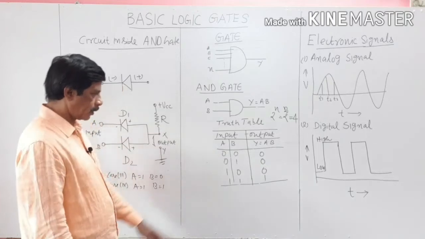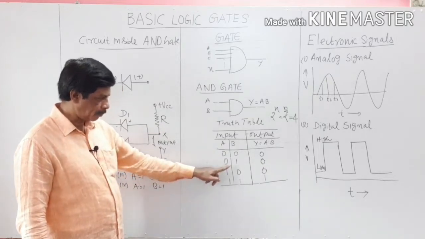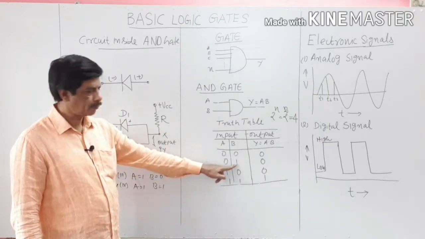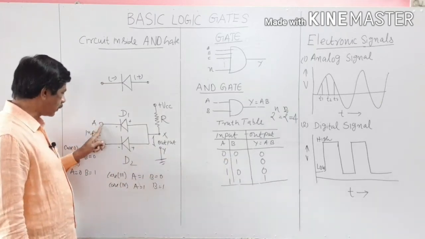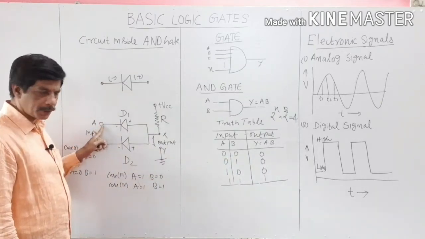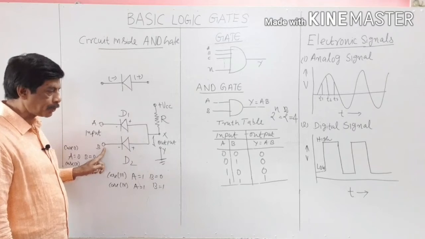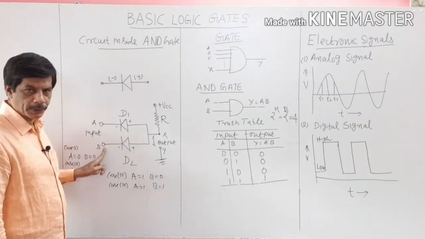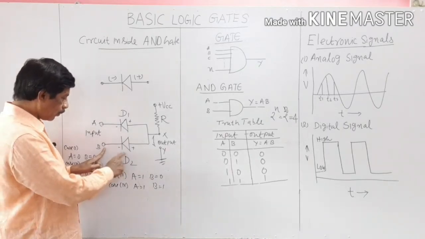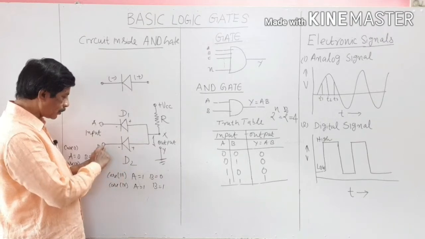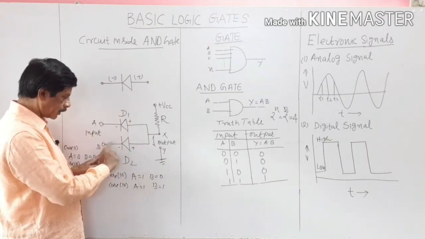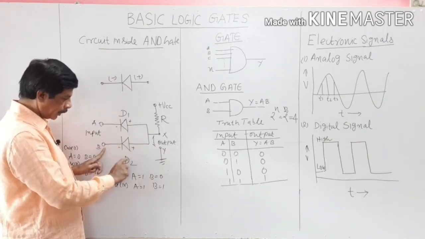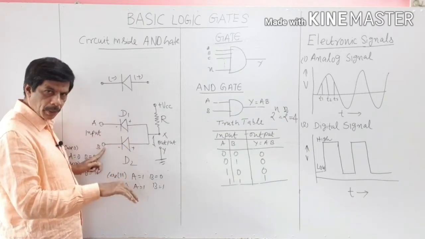Second case, A is equal to 0, B is equal to 1. A is 0 means negative voltage, B is the positive voltage. 1 means positive voltage. So for diode D2, positive at cathode, it is opposite. So D2 is now under reverse bias.